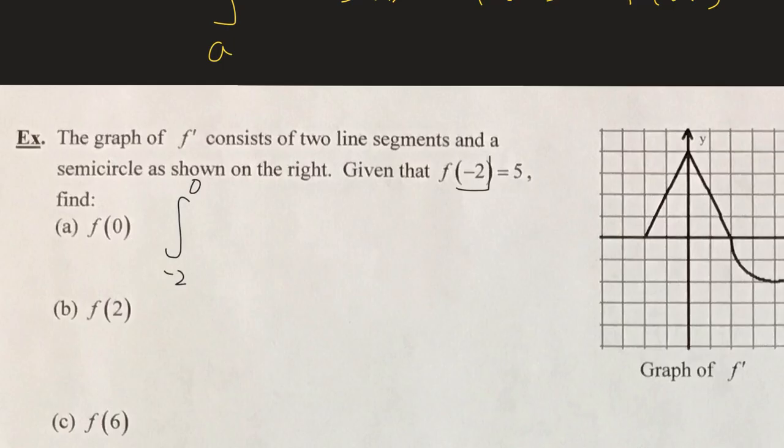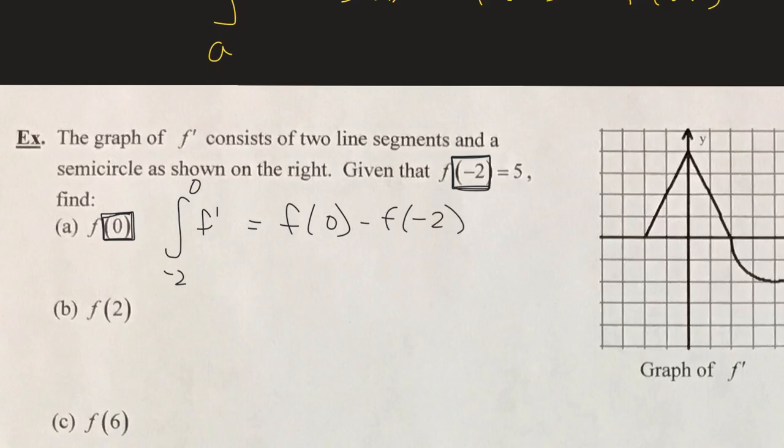This is your first x bound, your lower bound. This is your second bound. And since 0 is greater than negative 2, negative 2 goes on bottom and 0 goes on top. Of our f prime function, we don't know what the function is, but it's f prime, equals f of 0 minus f of negative 2.